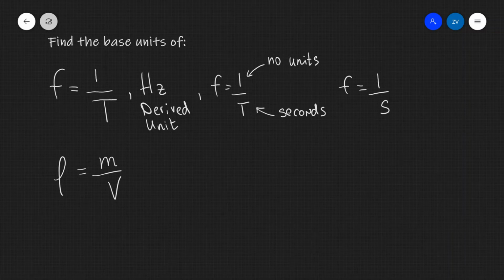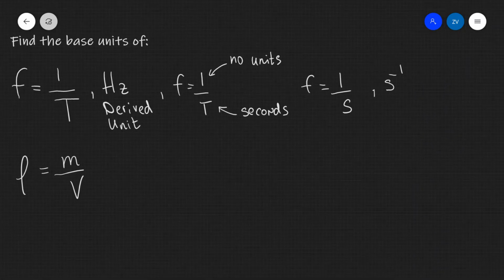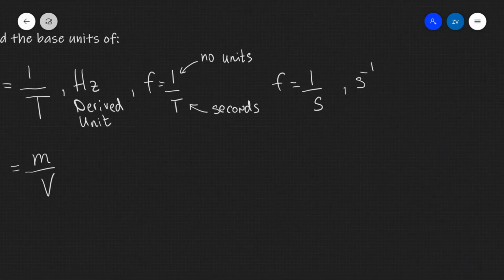In physics, the way we write that is simply by writing s to the power of -1. Remember from maths, anytime you have 1 over a quantity, this is equivalent to that quantity raised to the power of -1. If you had a mathematical function which was, let's say, 1 over x squared, you could write that as x to the power of -2, etc.